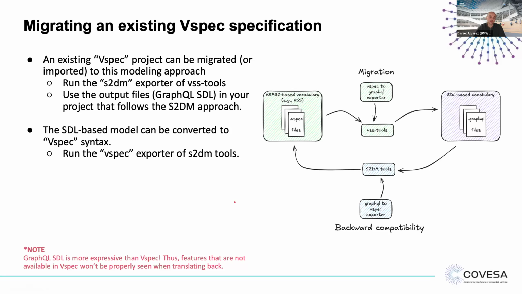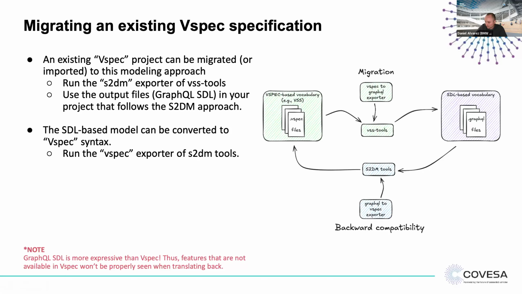But if you start doing cross-references, for example, cross-references are not supported in the VSpec, or other features like intersections, units, unions, and this kind of stuff that comes out of the box from this language, these are not mappable unless there is an upgrade in the VSpec language, but at the moment, it is not the case. So the backward compatibility means backward for all the features that exist.